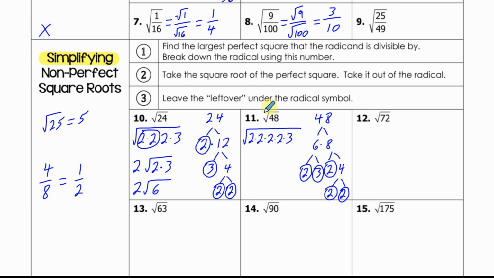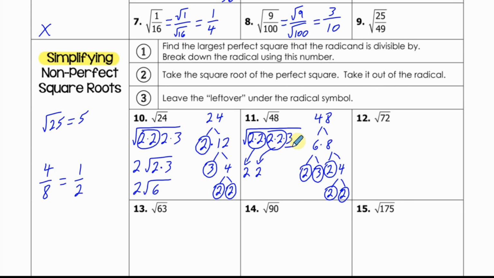Now you look for pairs because with a square root, you're looking for 2 numbers, looking for pairs. So that comes outside, that becomes a 2. But look, I've got another pair. That becomes a 2.